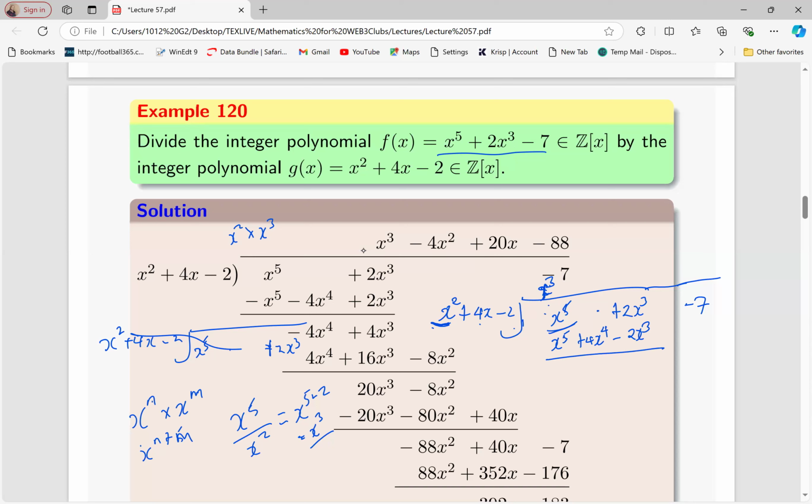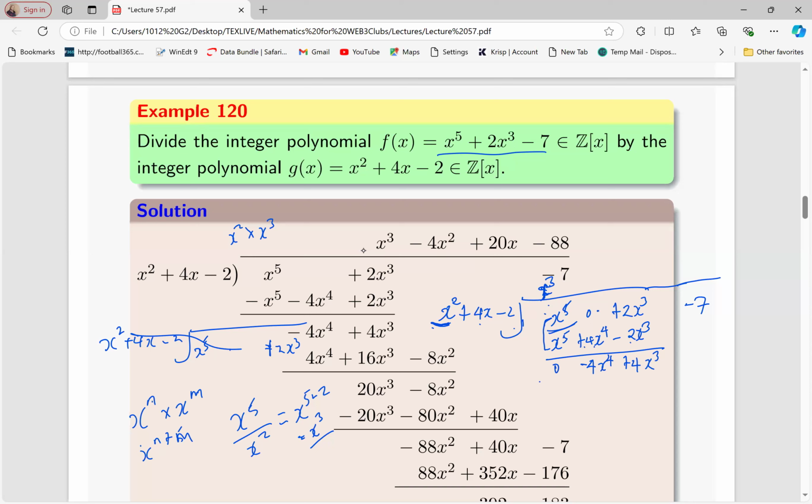Then subtract. This from that gives you 0. There's a 0 here. So this from that, you get negative 4x raised to 4. Then this from that, you have 4x raised to 3. I hope you've seen what has happened here.